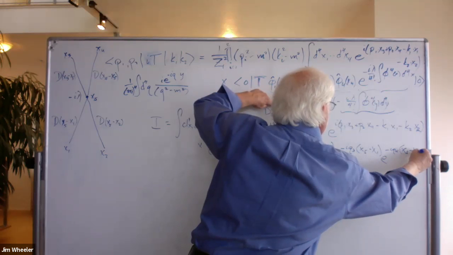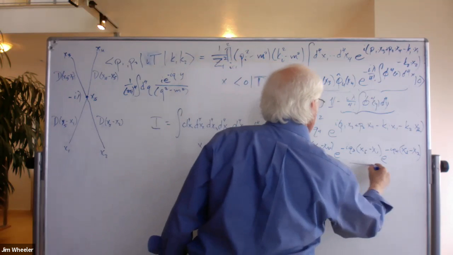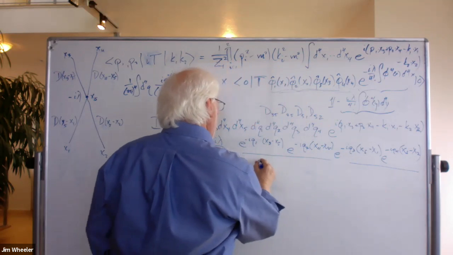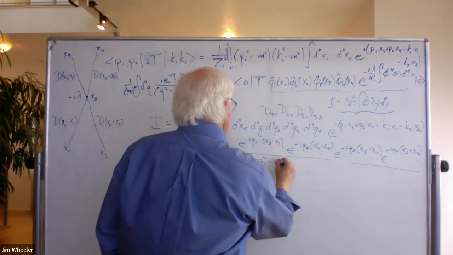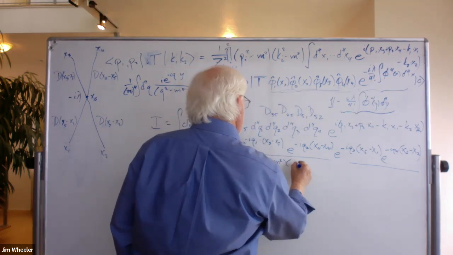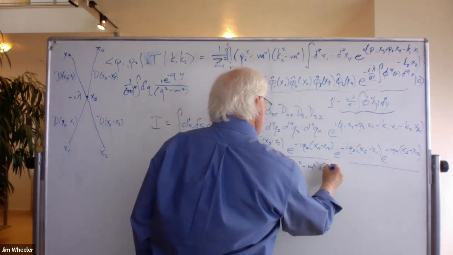I'm about to fall off the treadmill here. And then these are divided by Q1 squared minus m squared, Q2 squared minus m squared, and so on, Q3.